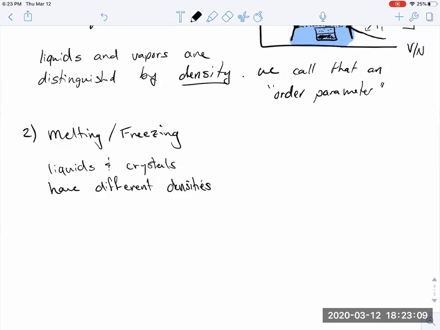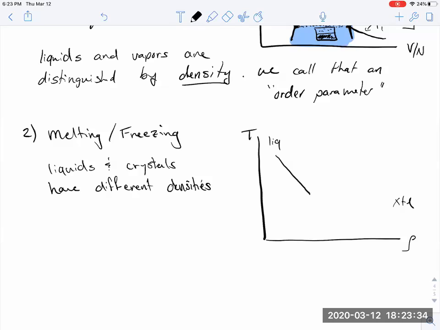If I was going to draw a phase diagram, maybe I'd do this one in the temperature-density plane. Well, the way I take a liquid and turn it into a crystal is by cooling it down.